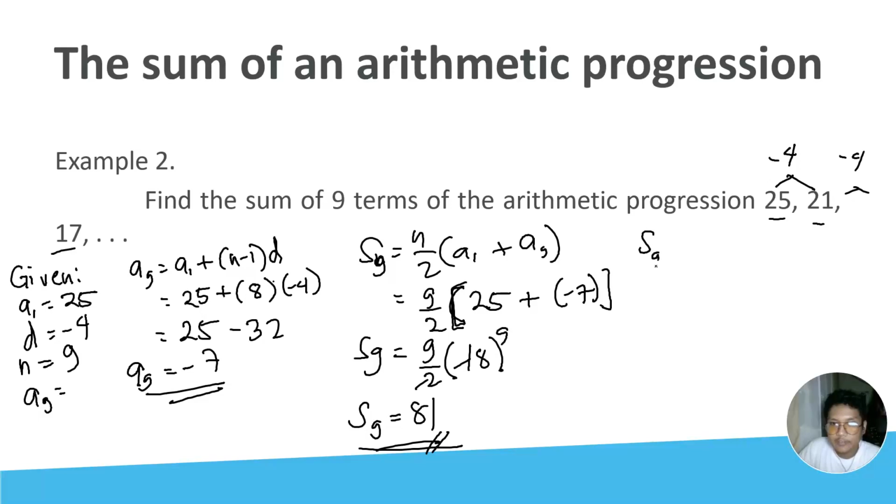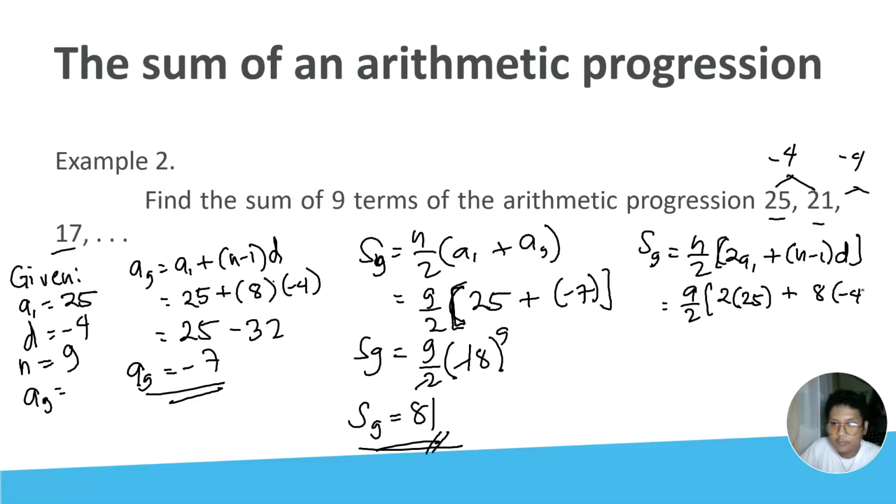Next, the other formula is S of n equals n over 2 times 2a1 plus n minus 1 times d. Substitute, we have 9 over 2 times 2 times 25 plus 8 times d, negative 4.